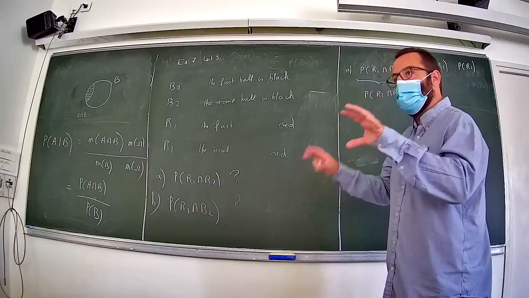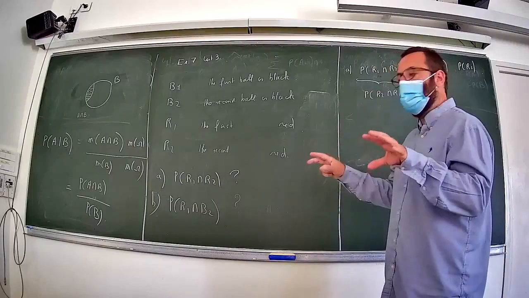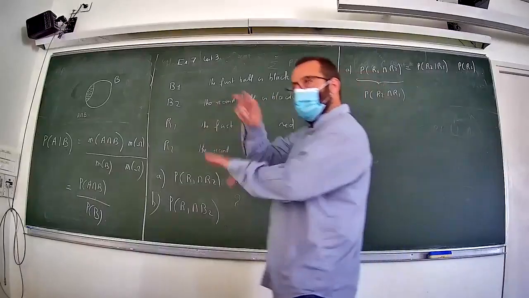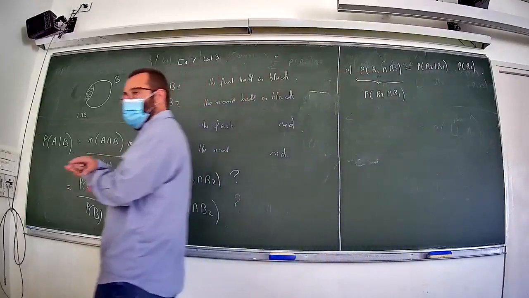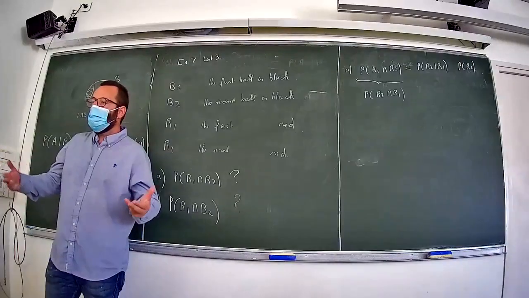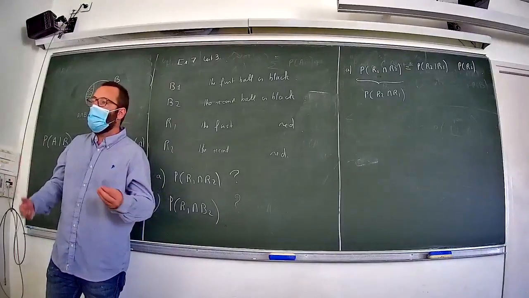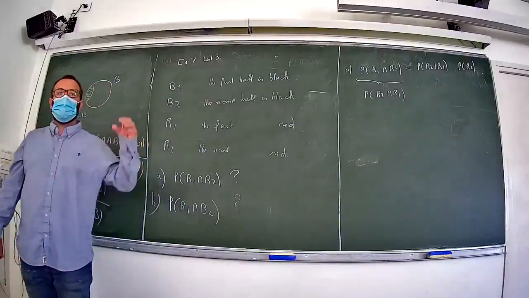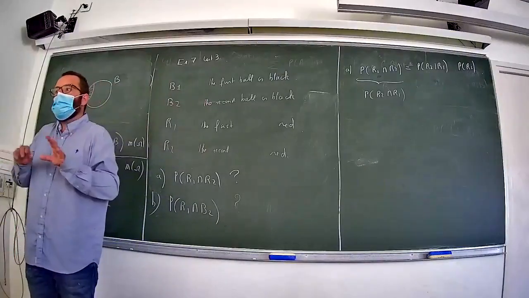A union B or A intersected with B is the same as B intersected with A. So you can change the order. Because keep in mind the definition. The union is the set of the elements that belong to at least one. You can change the order. The intersection is the elements that belong to both. You can change the order and change nothing.